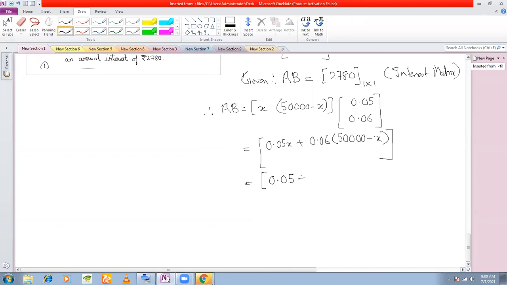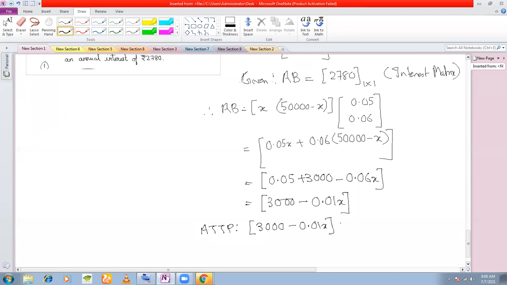You can get 0.05x plus, I think this is 3000 minus 0.06x. So you're getting 3000 minus 0.01x. So according to the problem, this matrix AB product, that is the interest matrix, is equal to the given interest matrix 2780, right?